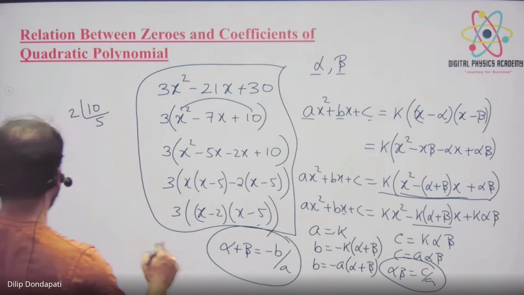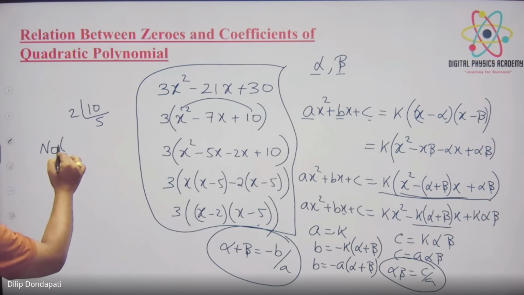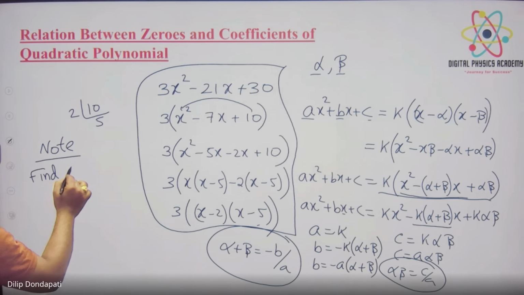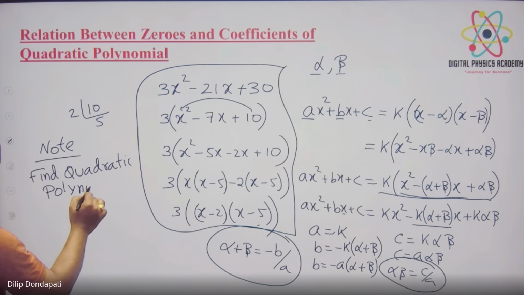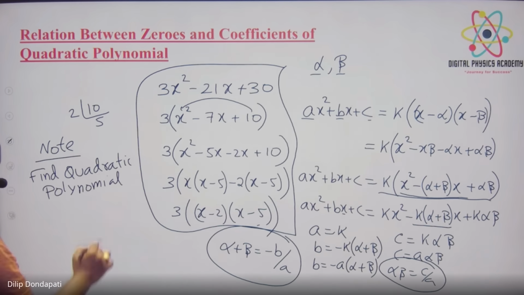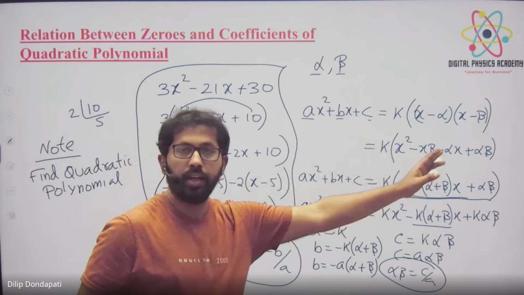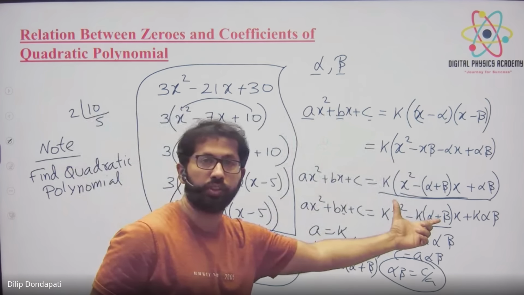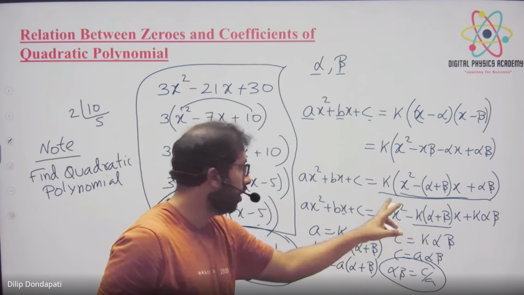Therefore, note down: if they ask to find the quadratic polynomial, the sum of zeros will be given to you, and we can find the quadratic polynomial directly from zeros and coefficients. How? If you multiply this you will get the same thing, right?